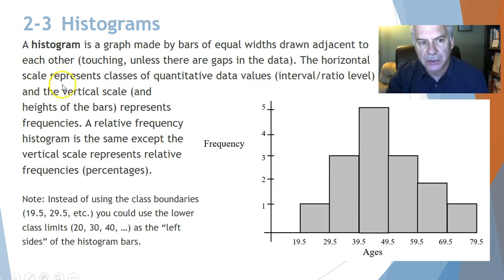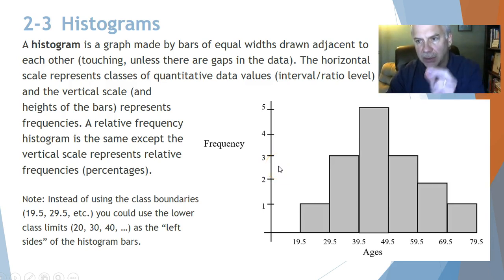But the horizontal scale represents classes or the intervals of the quantitative data values. So it's from 19.5 to 29.5, or from 29.5 to 39.5. So those are the intervals. The vertical scale represents the frequency of occurrence.